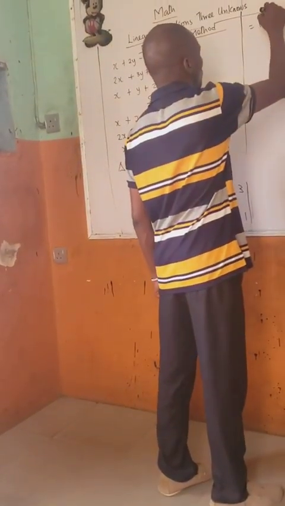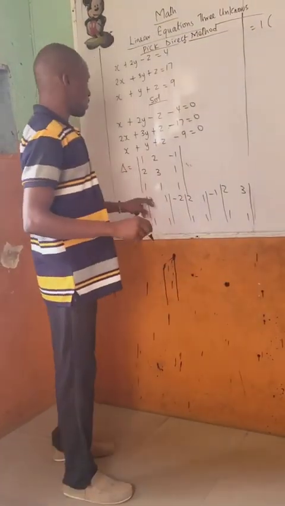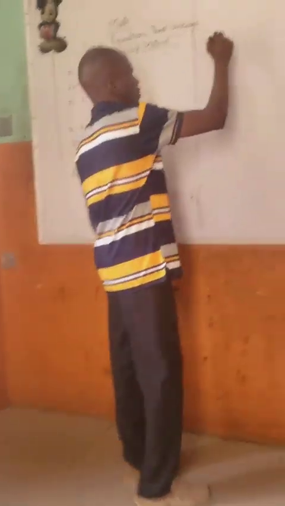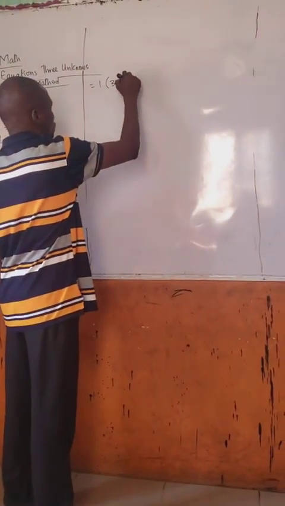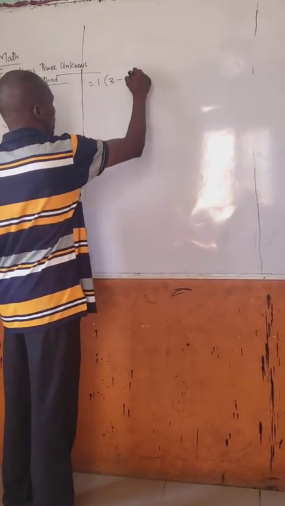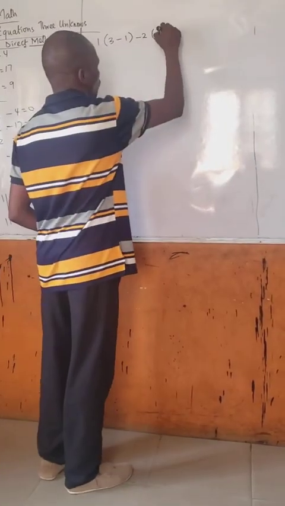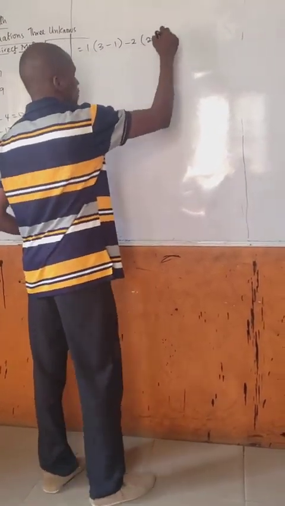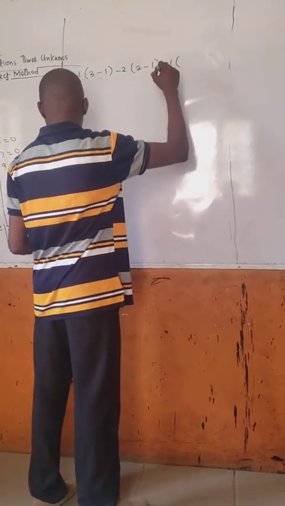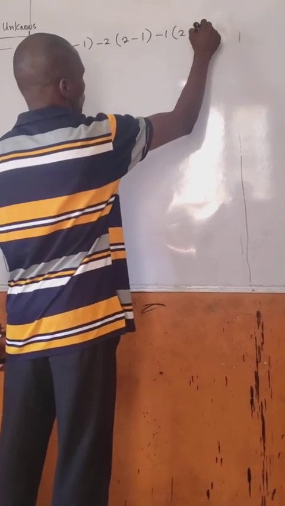We have 1 into 1 times 3, that gives us 3 minus 1, minus 2 into 1 times 2, that's 2 minus 1, minus 1 into 1 times 2, 2 minus 3.